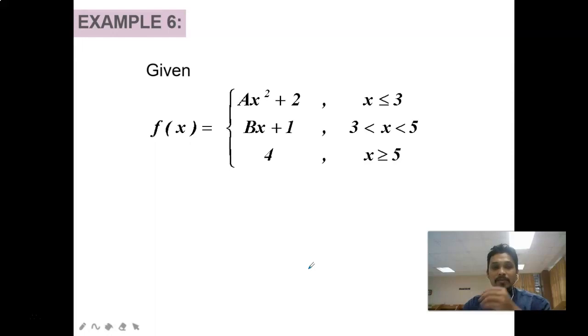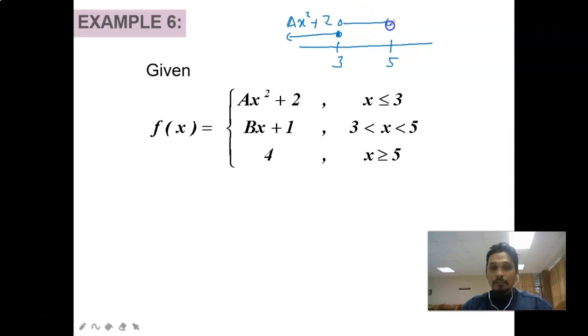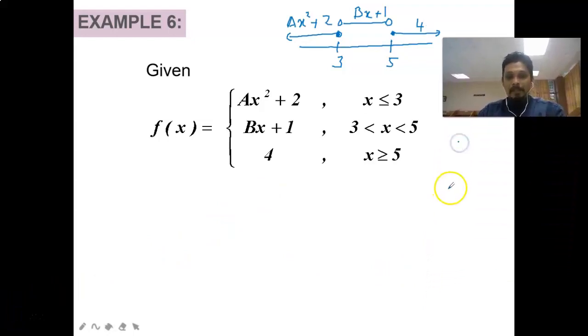Now, given this function, it divides into three sections. For x less than or equal to 3 it is ax squared plus 2, then between 3 and 5 the function is bx plus 1, and then for x greater than or equal to 5 it equals 4.